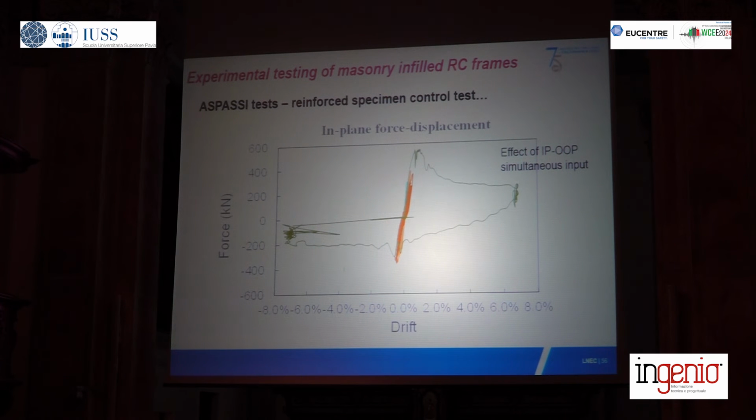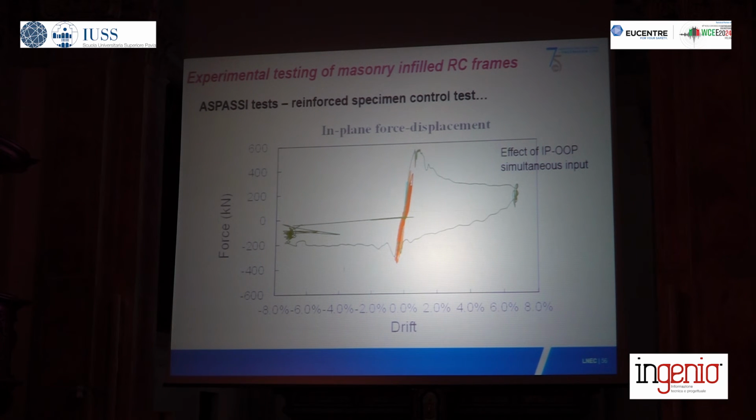So one of them was the unreinforced, the other one was the reinforced, but that doesn't really play a role here, because for the in-plane capacity, the mesh reinforcement is not giving any particular additional strength to the model, as we will see in the successful reinforced masonry or reinforced specimen test.